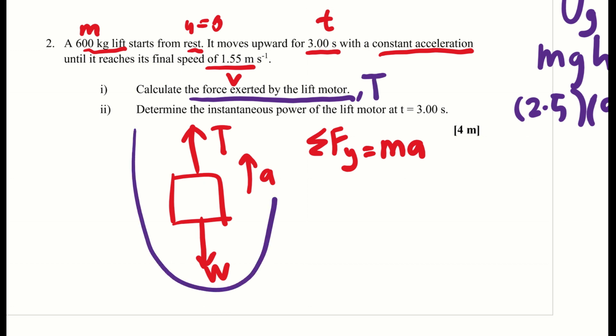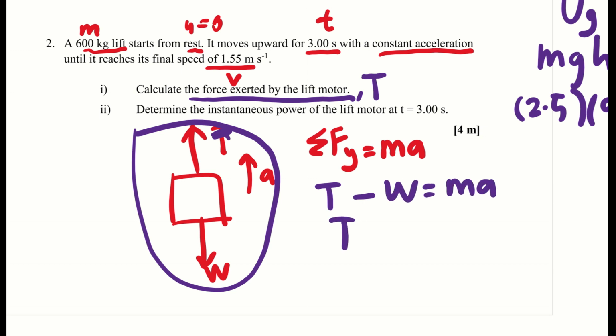Based on this diagram, we can come up with the equation T minus W equals ma. So tension is equal to ma plus weight. You can directly convert weight into mg, and then do the calculation. Tension here is the force exerted by the lift motor.